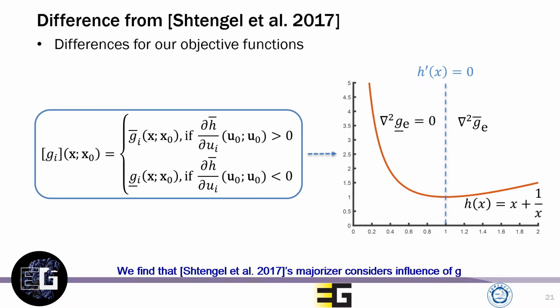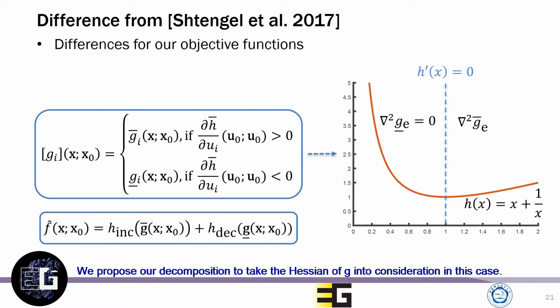We found that Sheldon et al.'s modulator considers the influence of g depending on the value of partial derivatives of h. For our function, since g_e is convex, it doesn't use the value of g_e when h is decreasing. We propose our decomposition to take the Hessian of g into consideration in this case.